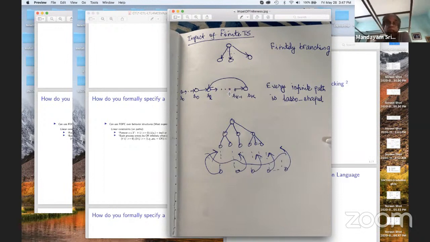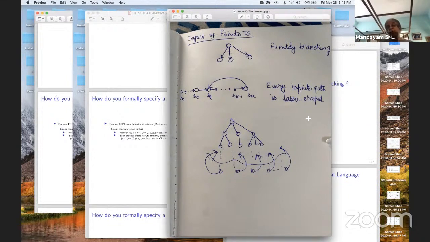The other thing is when you look at linear traces or linear executions, every infinite path, you know that we have made the transition system left total, and we also make the assumption that there are no terminating states.